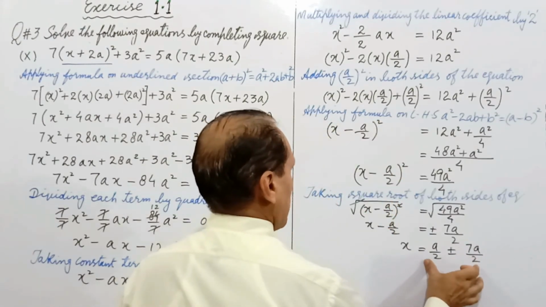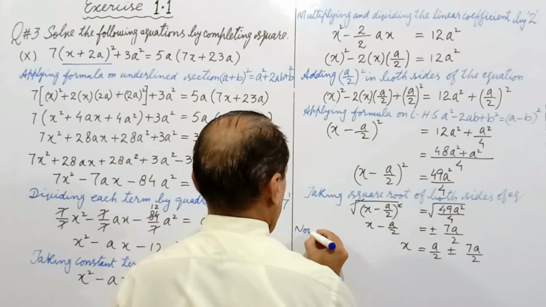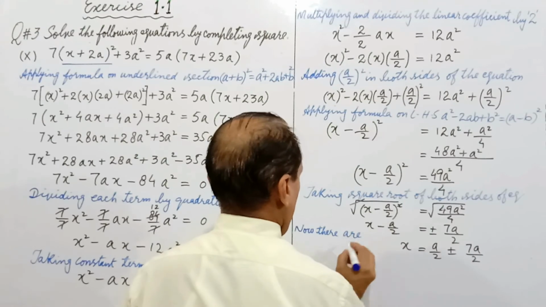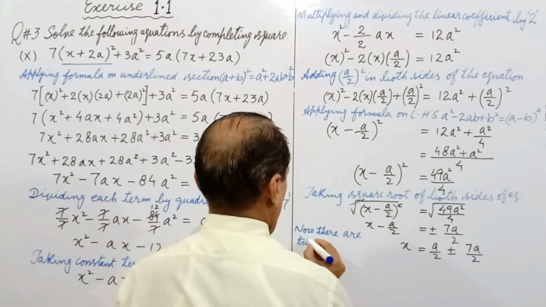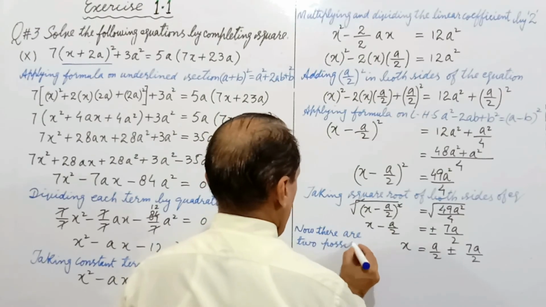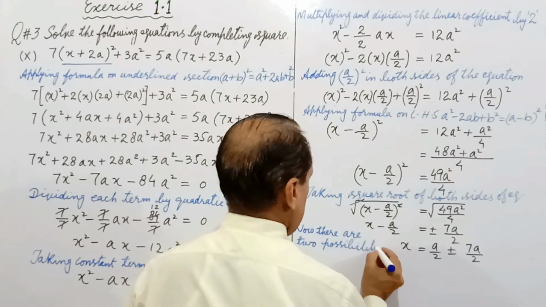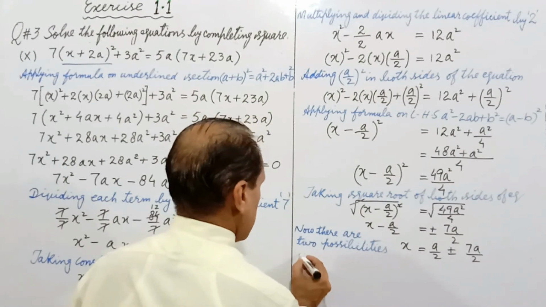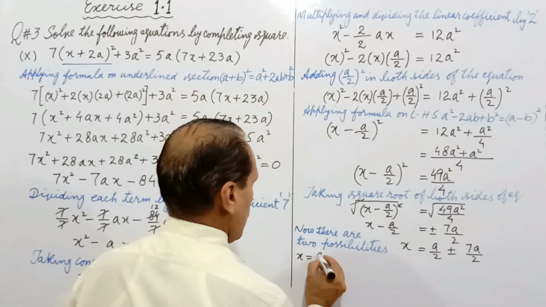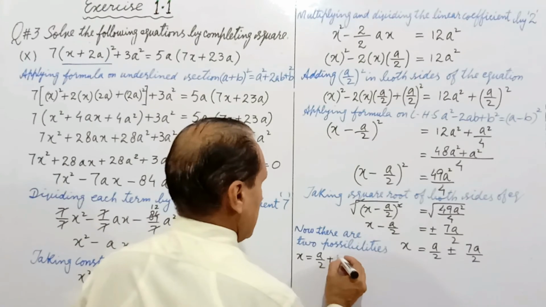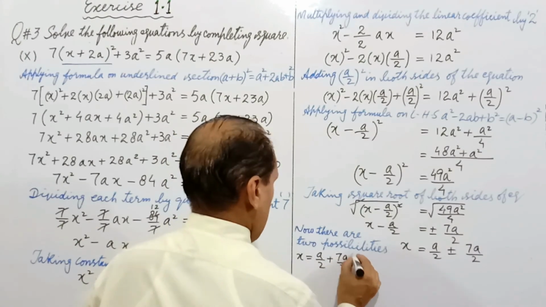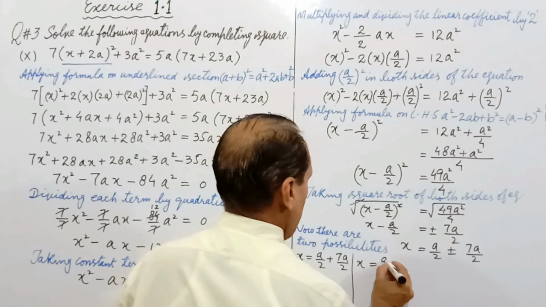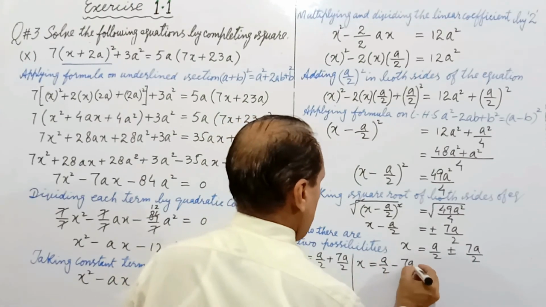Now there are two possibilities. One is x is equal to a over 2 plus 7a over 2, and the second is x is equal to a over 2 minus 7a over 2.